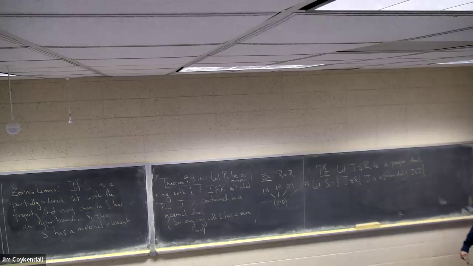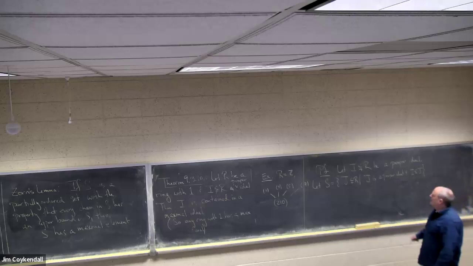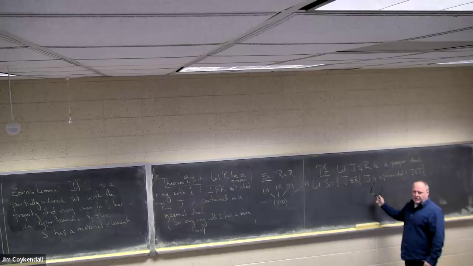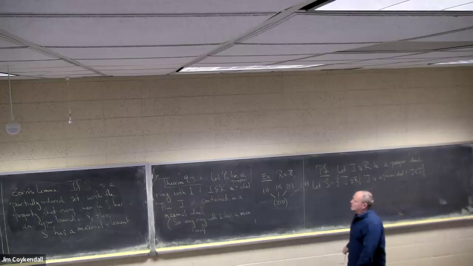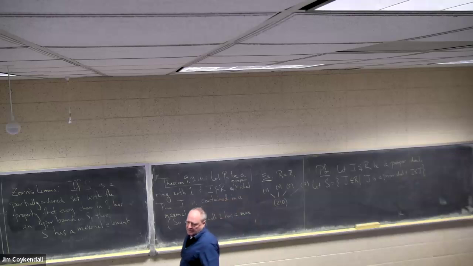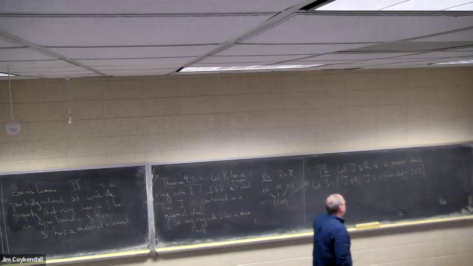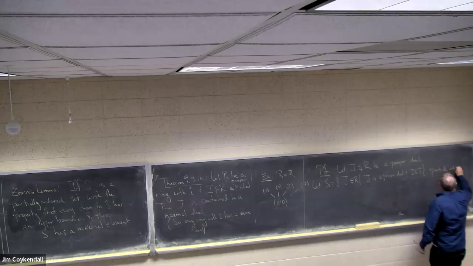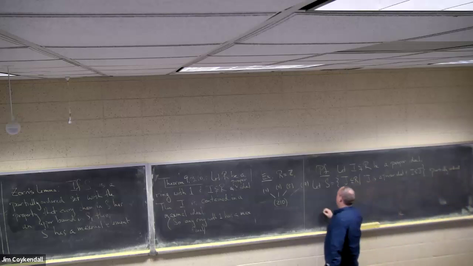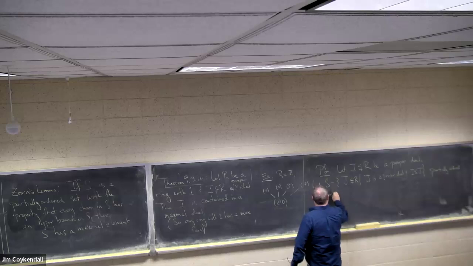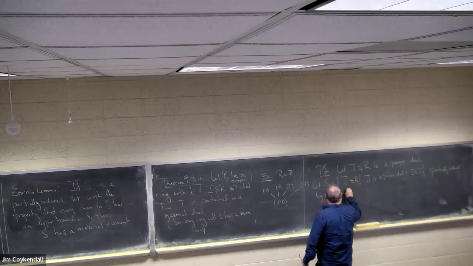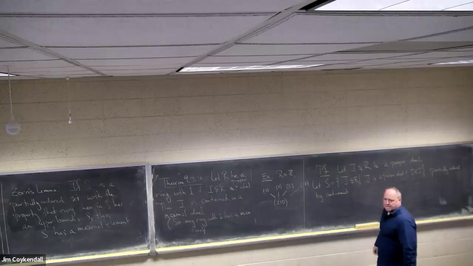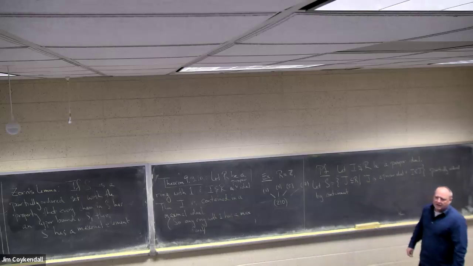This is a partially ordered set, right? Because take two ideals J1 and J2 that contain I. Well, they satisfy everything that we need here. So our ordering is containment.